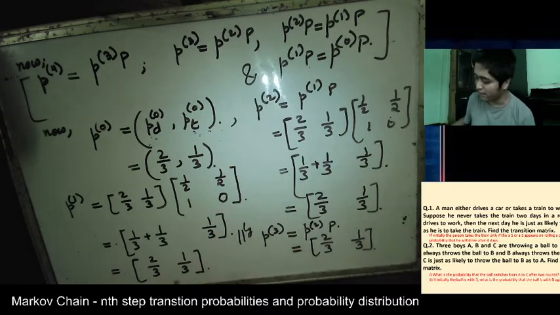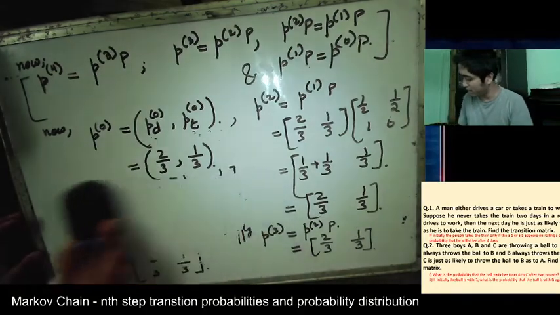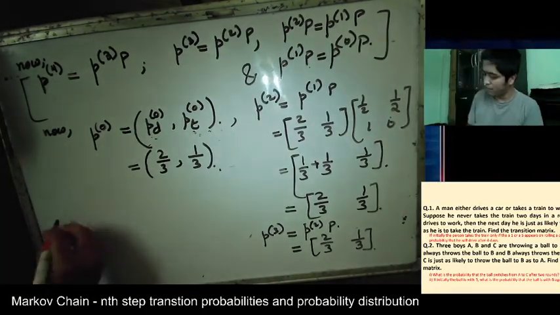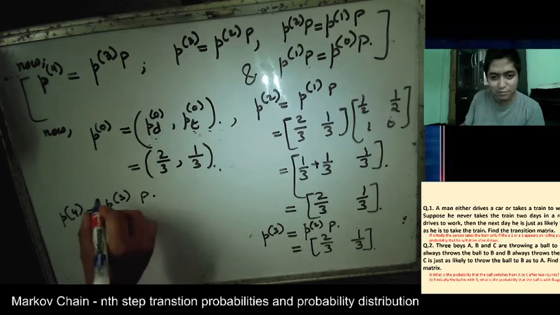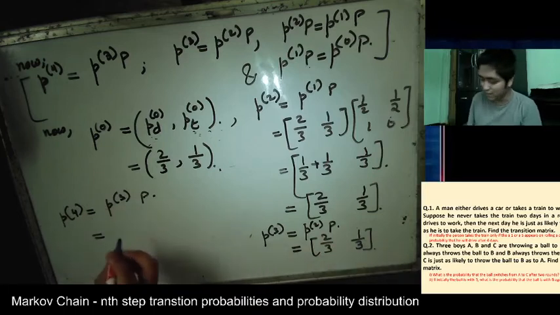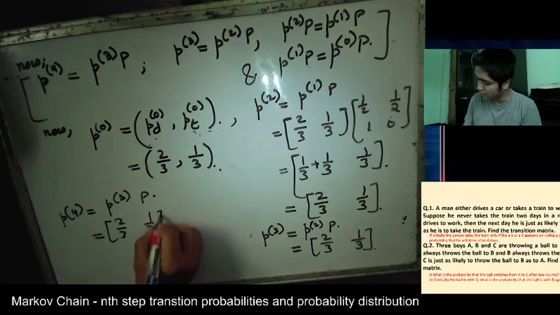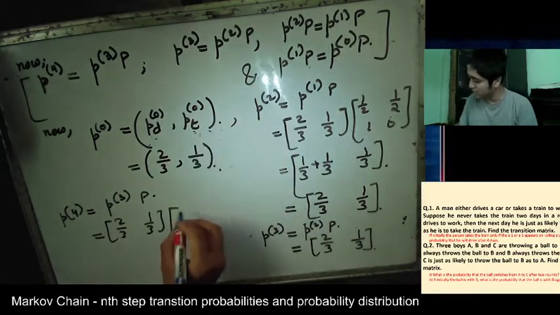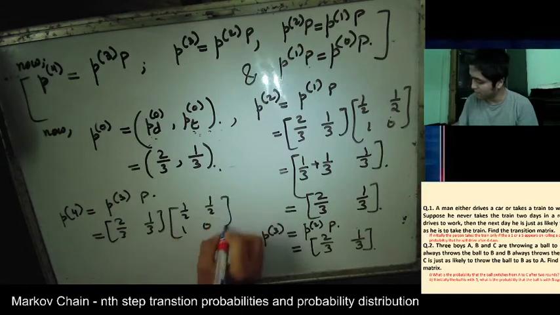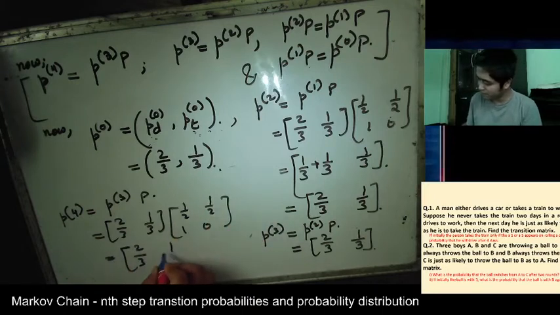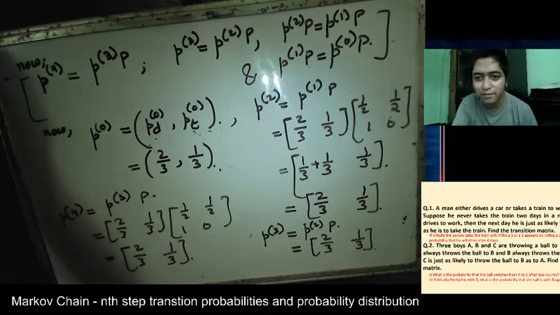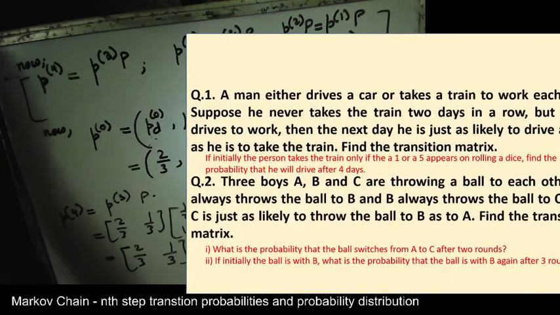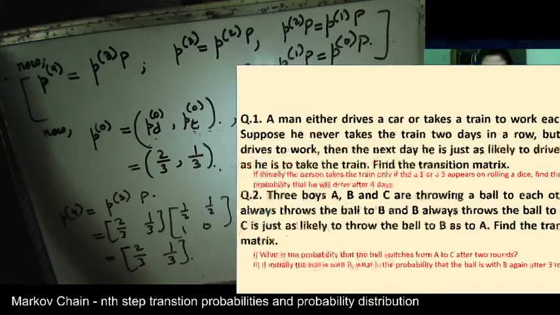Afterwards, we can finally find P4. P4 will be P3P. After substituting these values, 2 by 3, 1 by 3, and P which was 1 by 2, 1 by 2, 1, 0. Again, you will have 2 by 3, 1 by 3. So this is what is happening. But the question asks: what is the probability that he will drive after 4 days?